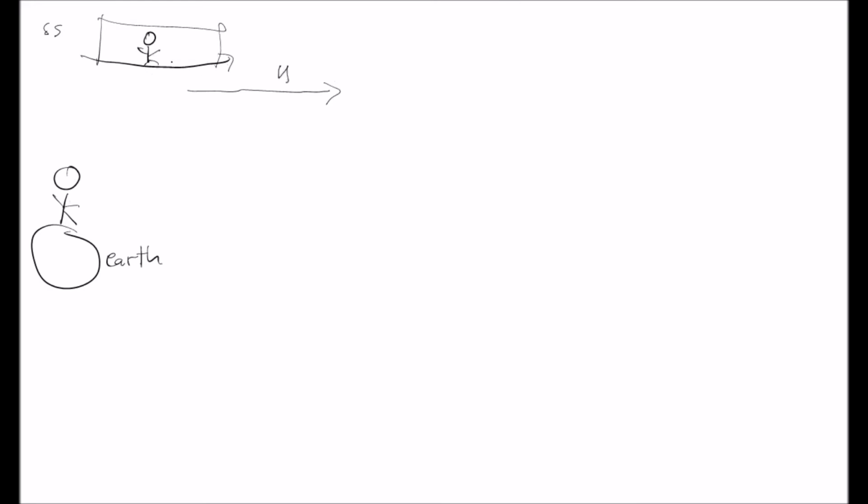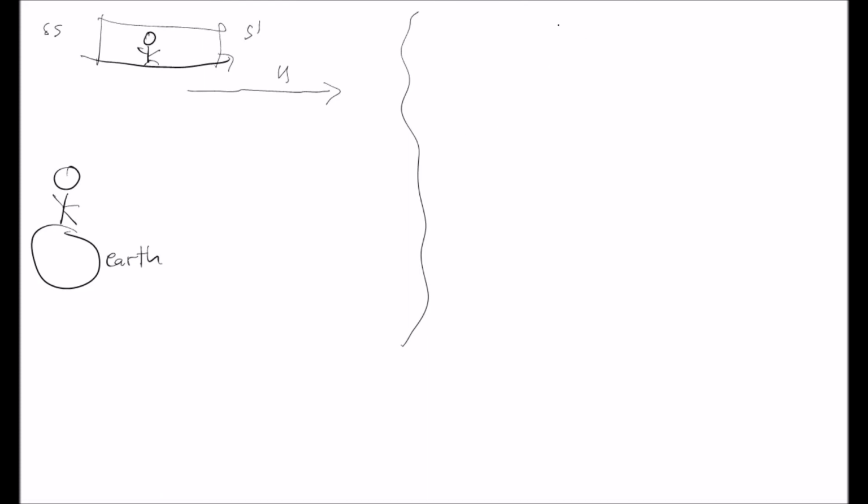That is the speed of the moving frame, the S prime frame, relative to the observer in the S frame, the rest frame. But what will be the observed direction of motion for the observer in the S prime frame, the observer inside the moving spaceship?